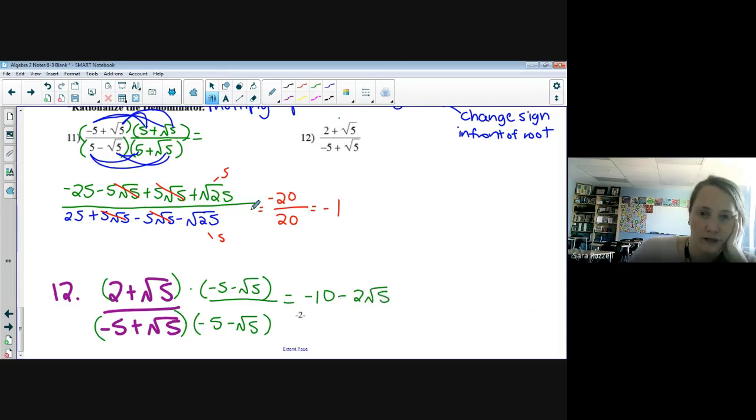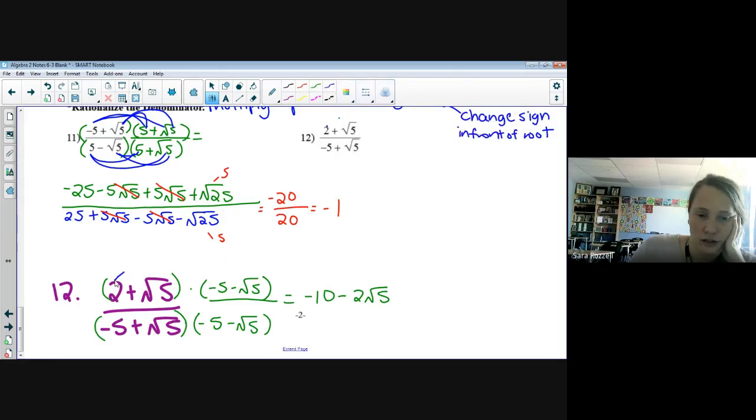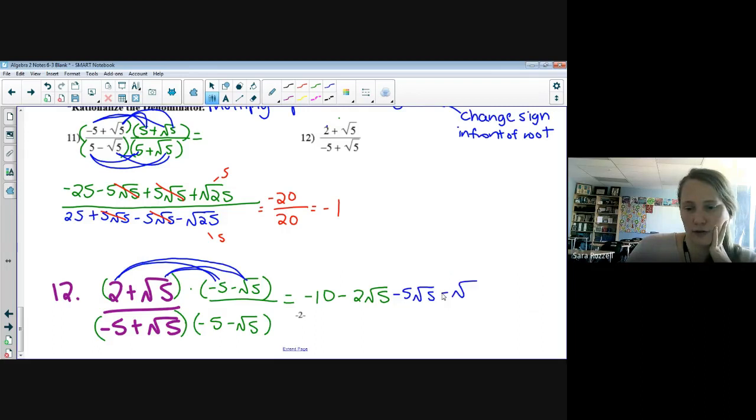It's my first 2. That was negative 10. This is negative 2 root 5. Next one is going to be minus 5 root 5. Then minus the square root of 25.